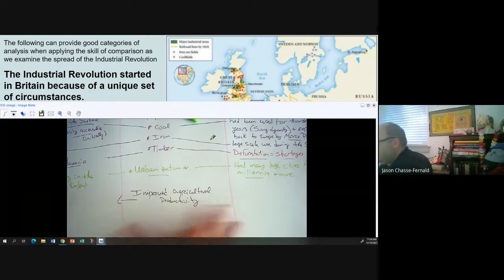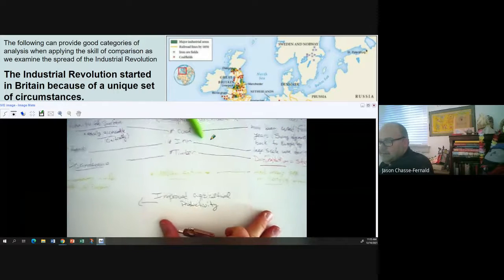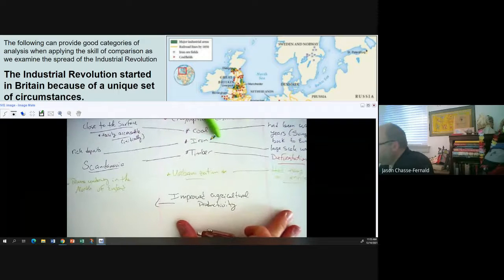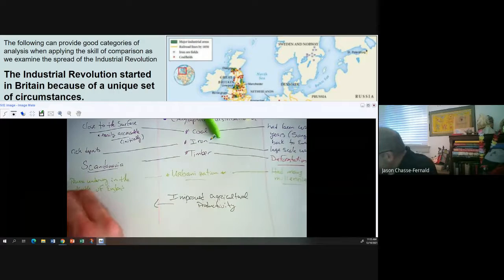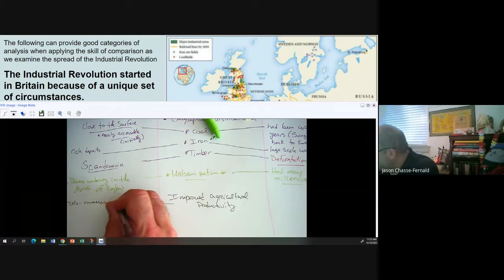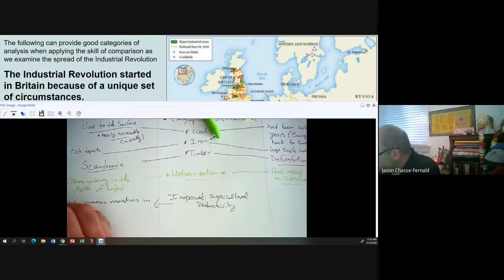Undoubtedly, this is going to be the case in England. Post 1700s, there were numerous innovations in agriculture.